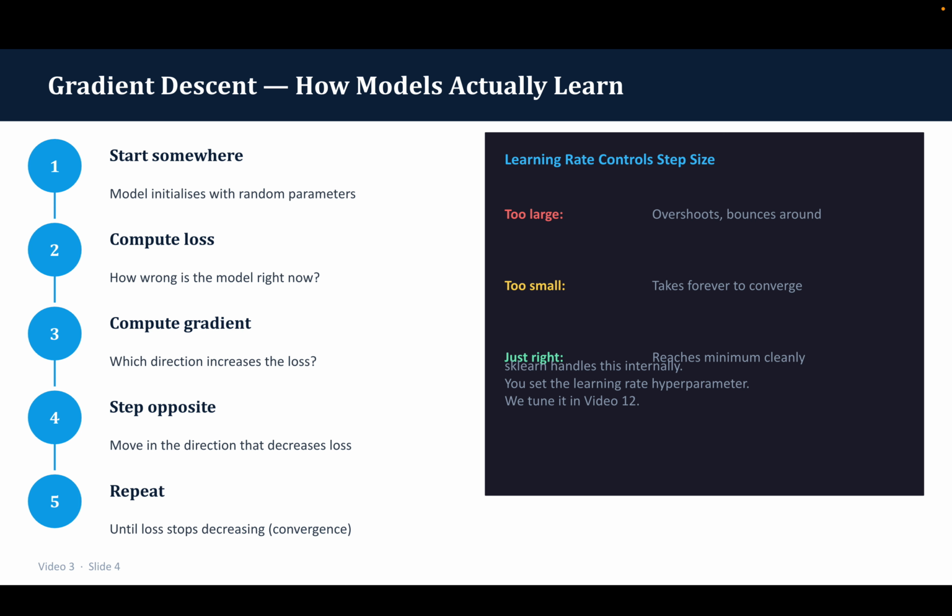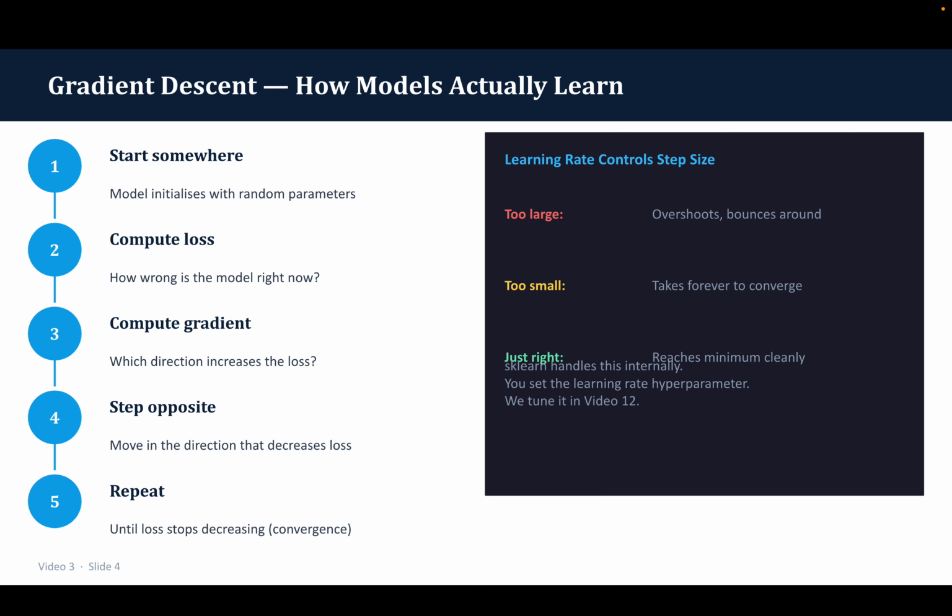So we'll be going into gradient descent. How does gradient descent work? You start somewhere, which means the model initializes with random parameters, with a learning rate of like 0.01. You compute the log loss, how wrong is the model right now? You compute the gradient, which direction increases the loss. Then you step opposite.